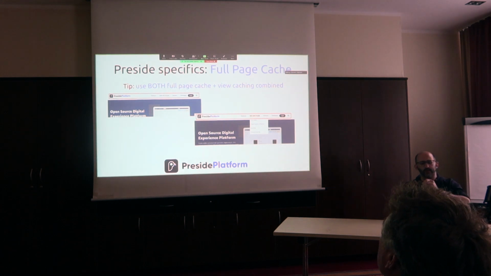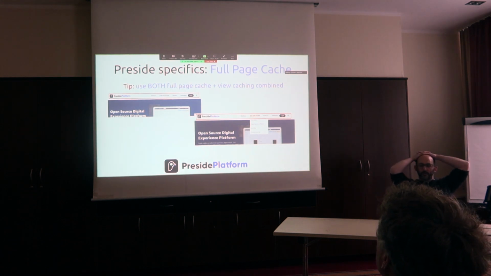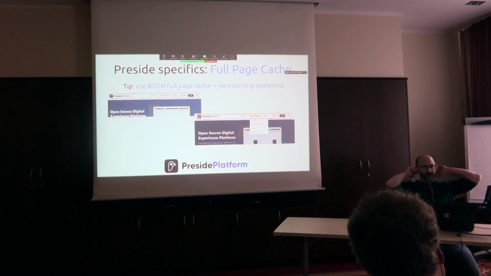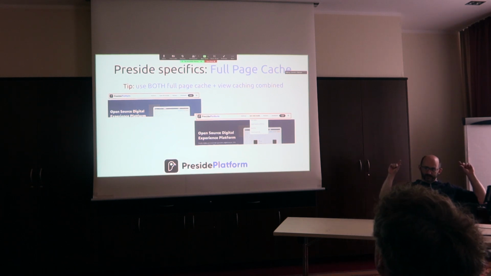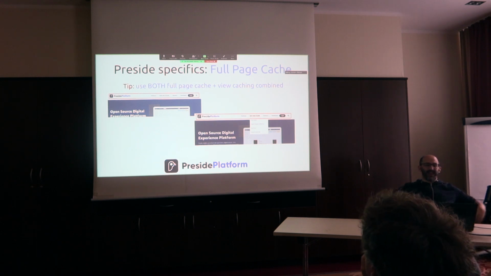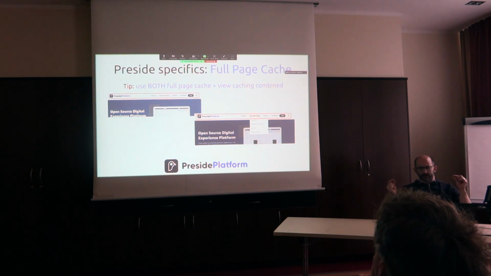Right. So, tip: use both. If you're going to use full page cache, you should still also cache little micro bits of it using regular Cachebox view cache and the template cache. So here's the Preside website, and the navigation, the whole header has its own individual cache.